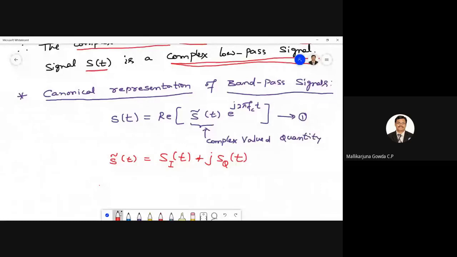So this is in Cartesian form. I can express this complex valued quantity s tilde of t as s_I of t plus j into s_Q of t. Let me call this equation 2. So what is this s_I of t and s_Q of t?